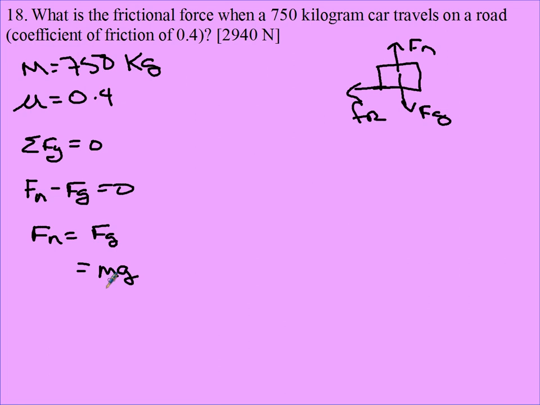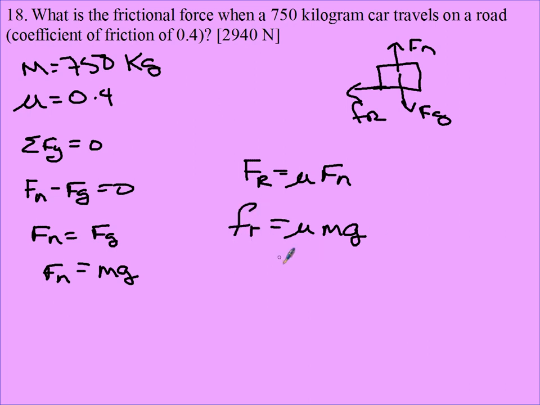So the normal force is mg. My next formula, I know that my frictional force is mu Fn. So this has got to equal mu, and I just found Fn equals mg in this case. So the frictional force here is mu mg.